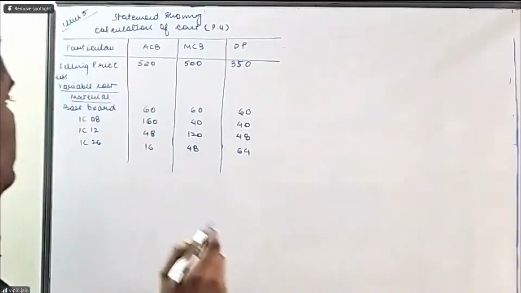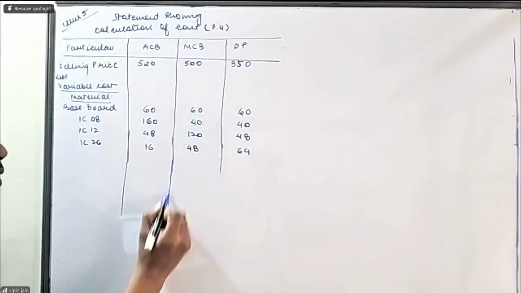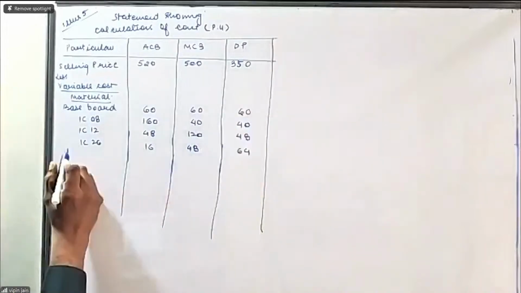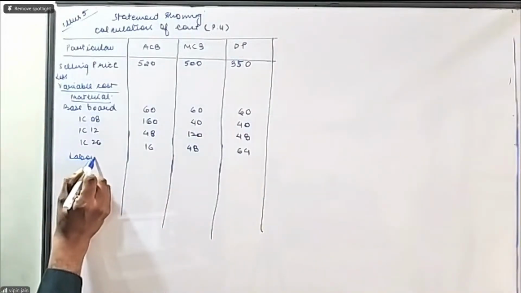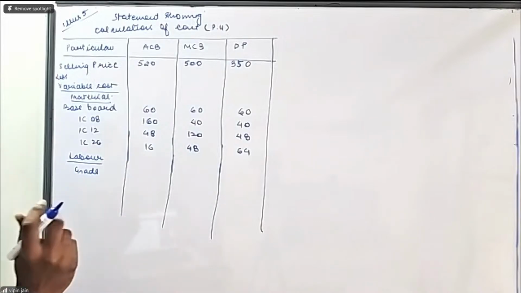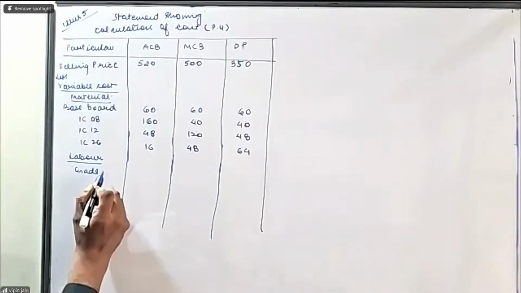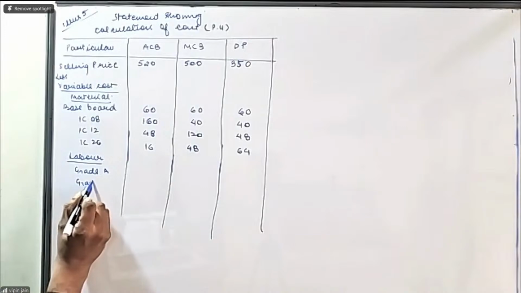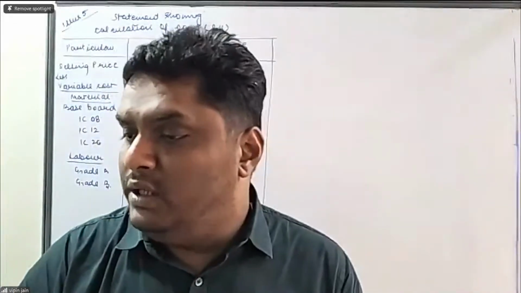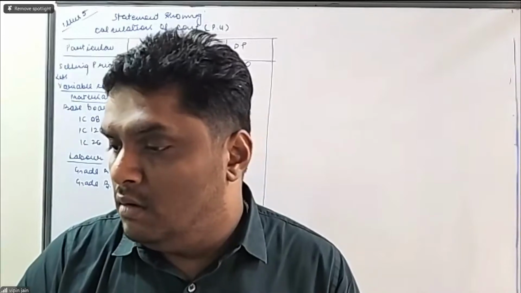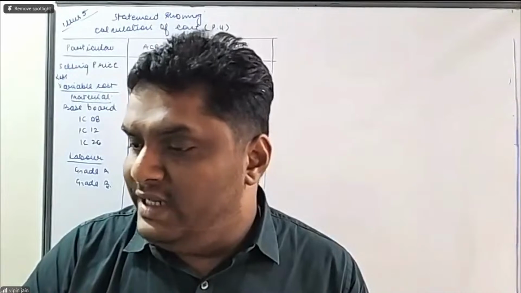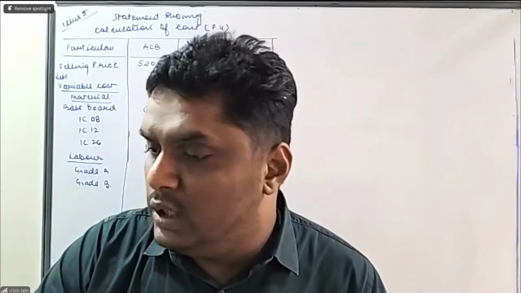Now next is labor. Grade A and grade B. When talking about the number of hours, okay, rate is given 5 and 4 and the number of hours are also given.